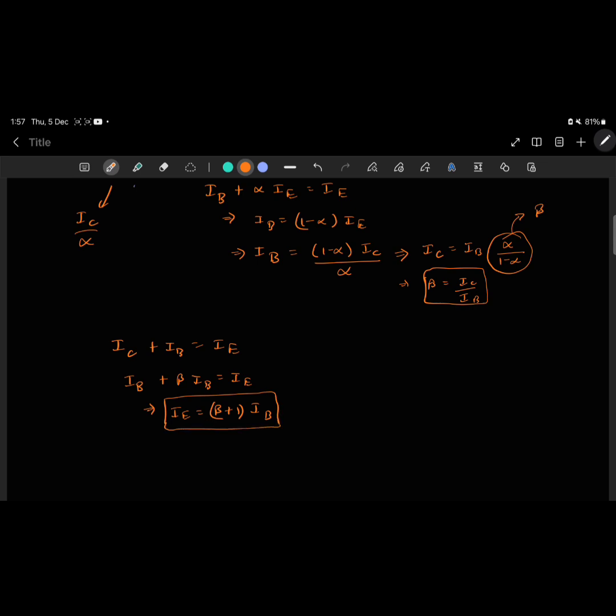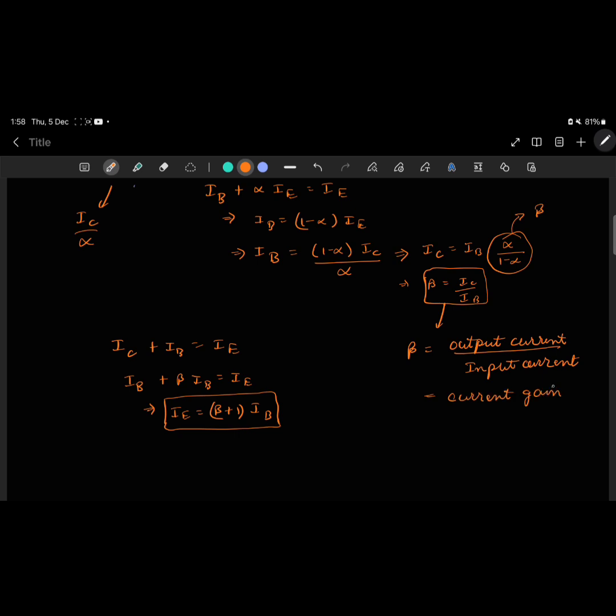This is the relation between the emitter current and the base current. In this common emitter configuration, the base current is the current on the input side and the collector current is the output current. So beta equals output current by input current, which is nothing but the current gain.